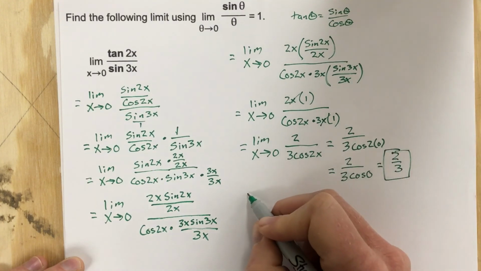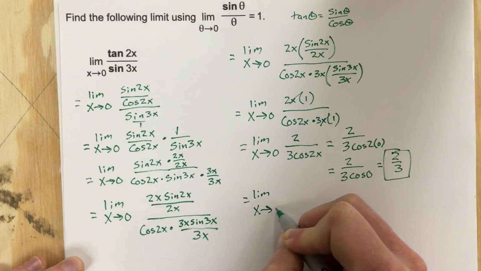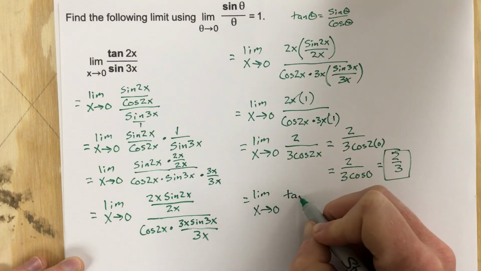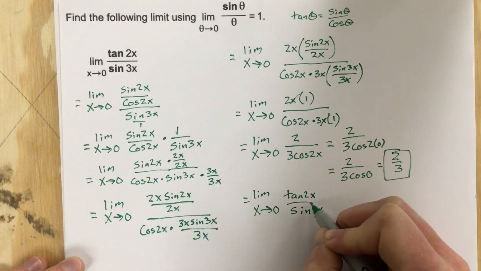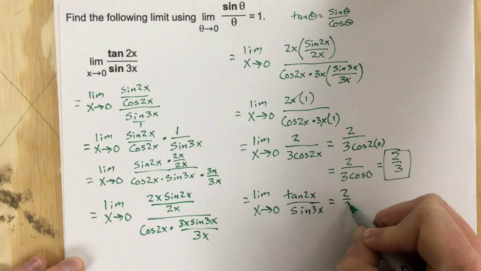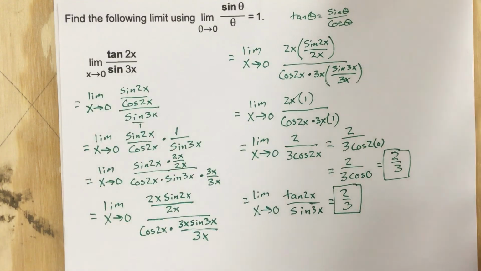So I can say the limit as x approaches 0 of tan 2x over sine 3x is just 2/3. So we had to do a little manipulation to get there, get rid of the sine 3x in the bottom, and we find our limit is 2/3.